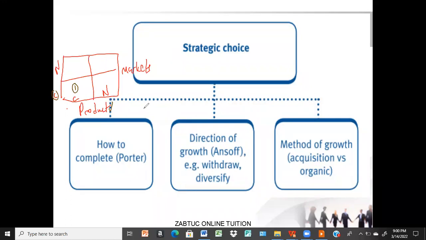What do we call strategy number one? It's market penetration.